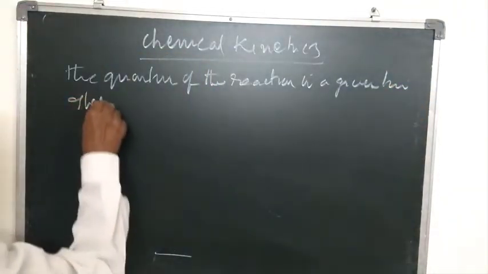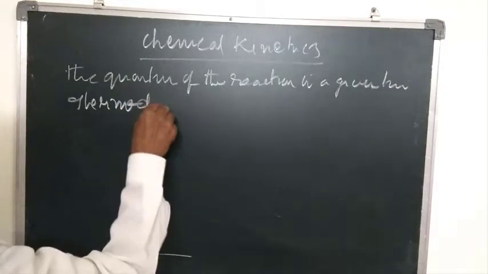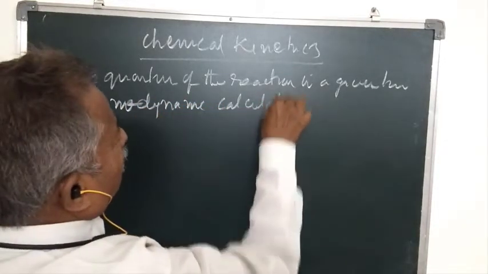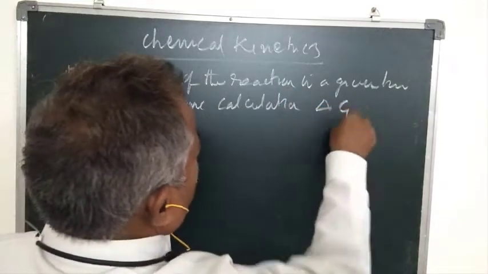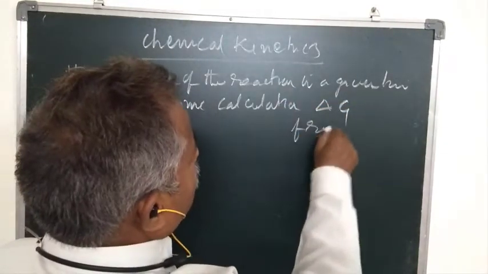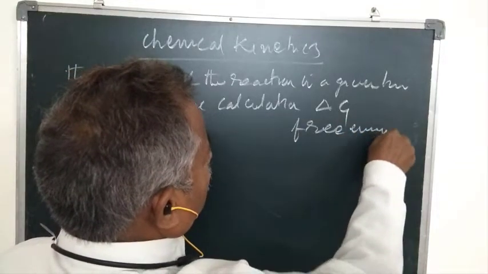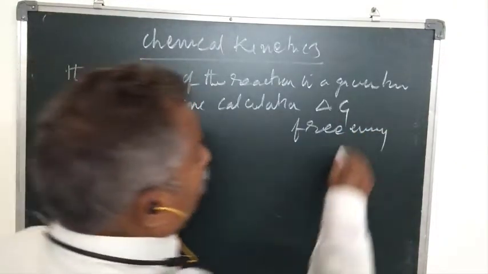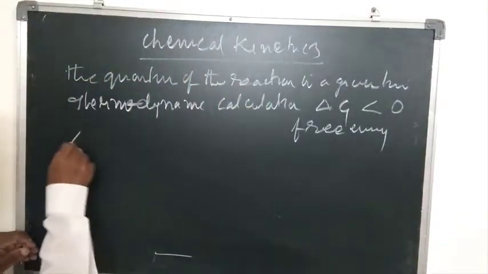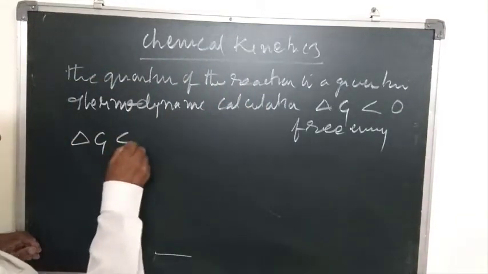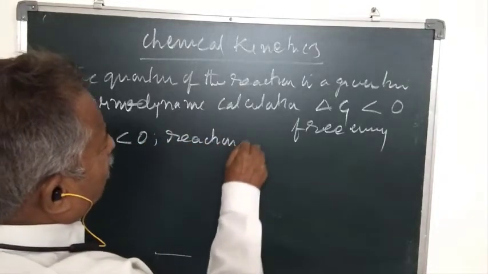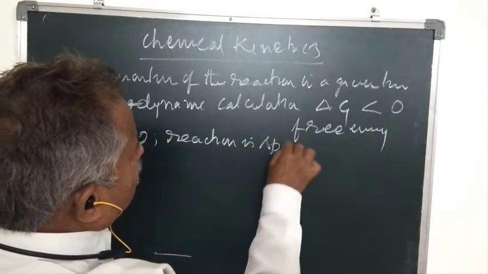Thermodynamic calculation, that is delta G. What is delta G? Delta G means it is free energy. If delta G is less than 0, the reaction is spontaneous.